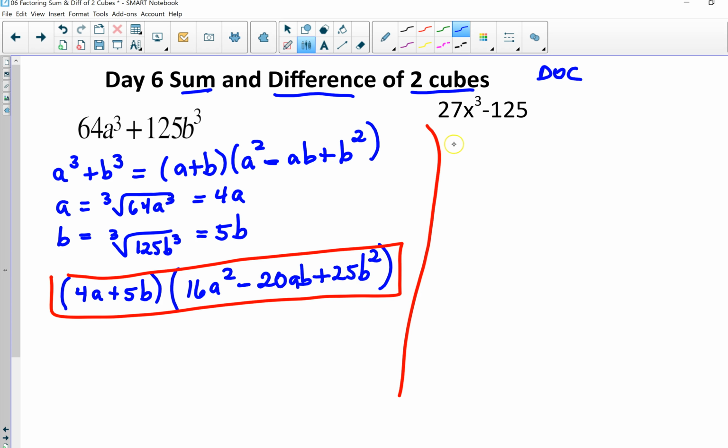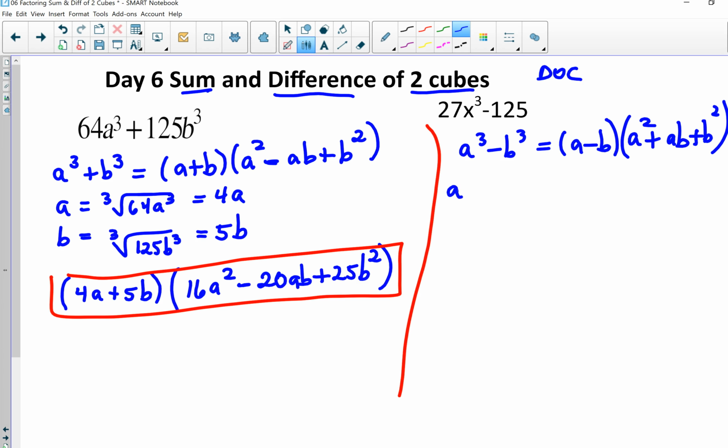So we write down the formula. A cubed minus b cubed is equal to a minus b times the first term squared plus the first term times the last term plus the last term squared.